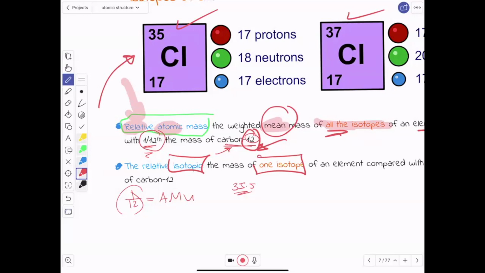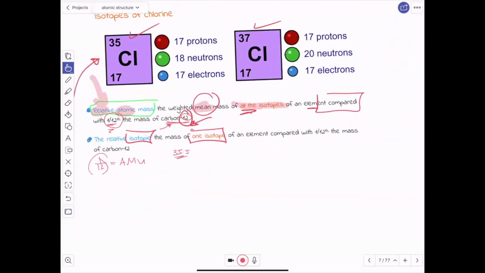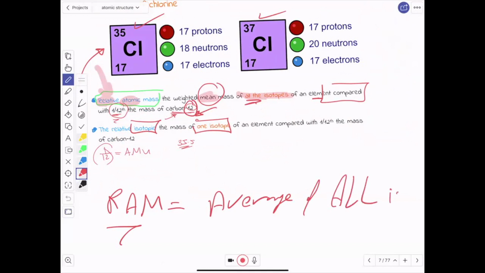So one more time, those two definitions here, we have relative atomic mass. This is the average of all isotopes. What's the scale we use here? The scale is 1 over 12 of C12.